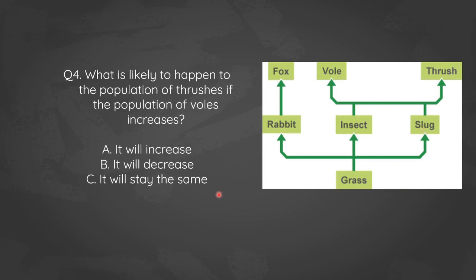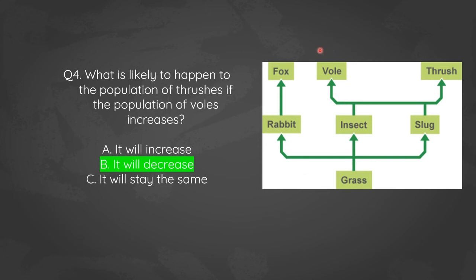What is likely to happen to the population of thrushes if the population of voles increases? Will the population of thrushes increase, decrease, or stay the same? It will decrease.